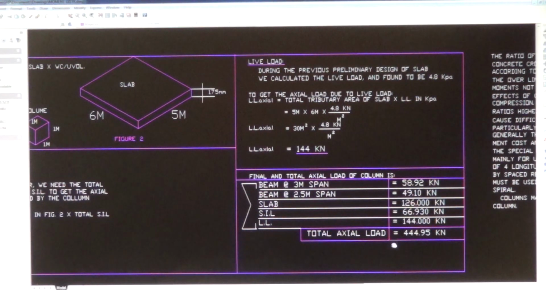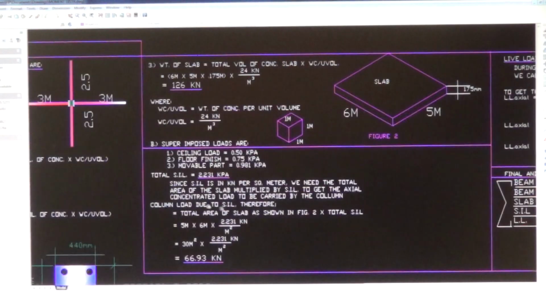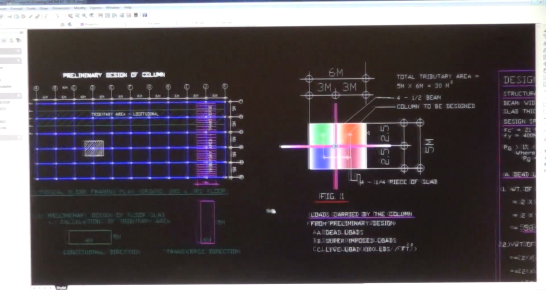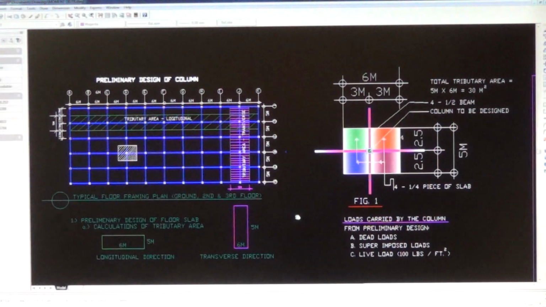Our loads here are from the real building frame. I don't recommend plugging in loads and then designing your column or any members. Plugging in loads is not a very good practice when you're practicing structural design.